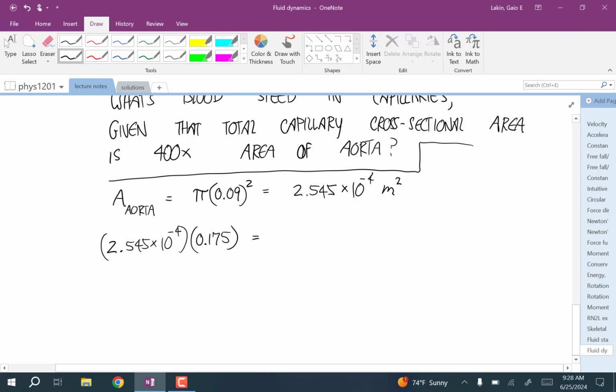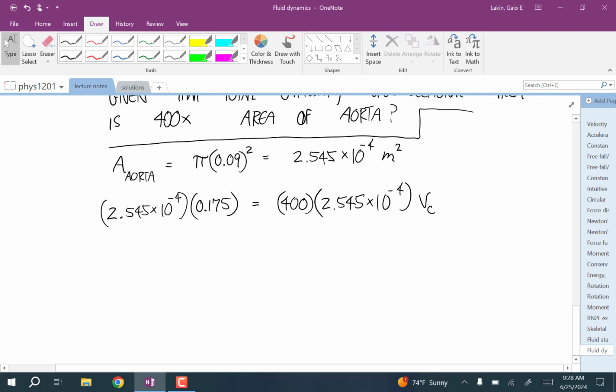And that's equal to the total cross-sectional area of the capillaries, which we know is going to be 400 times this cross-sectional area in the aorta, 2.545 times 10 to the minus fourth, and then times the speed in the capillaries.